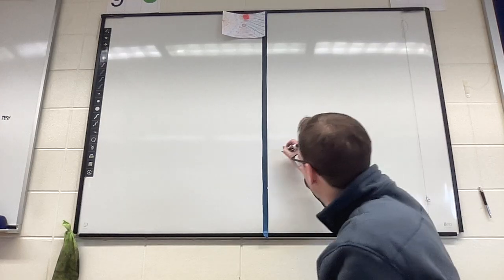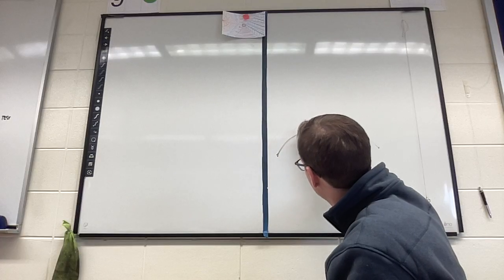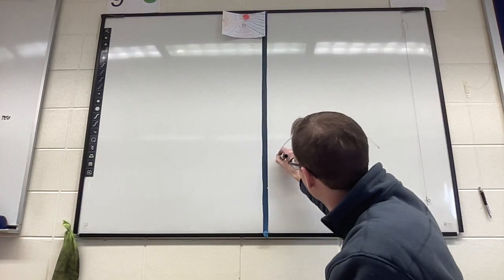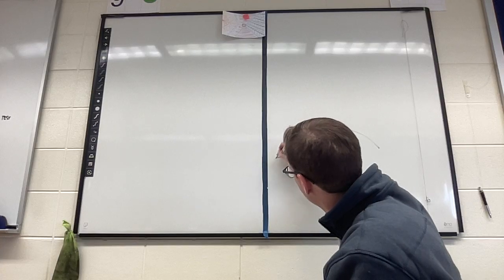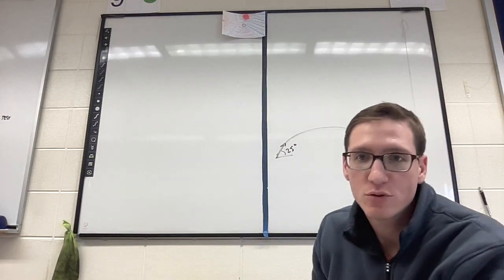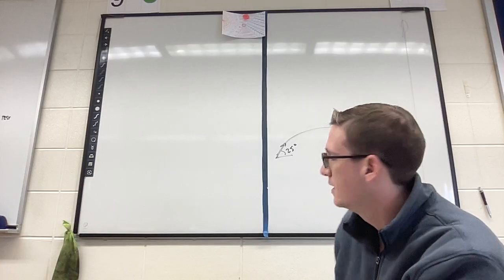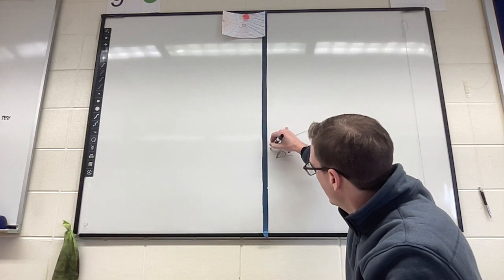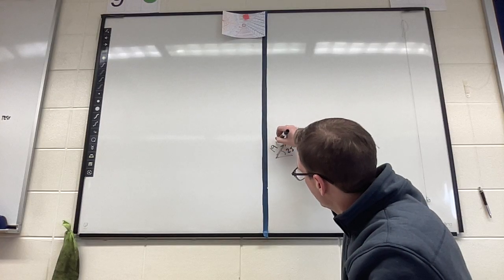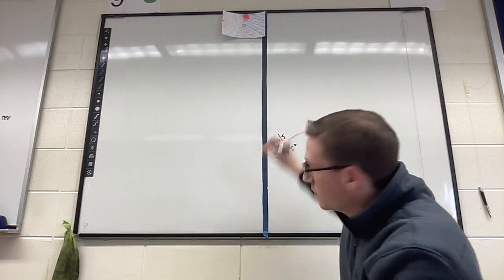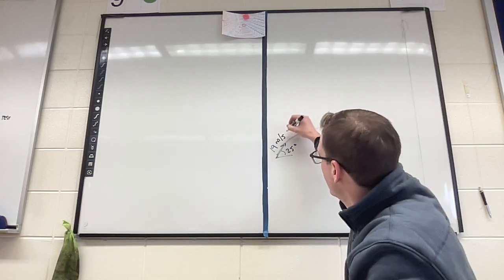So if I've got something that was shot at 25 degrees above the horizontal, let's say with 19 meters per second of initial velocity.